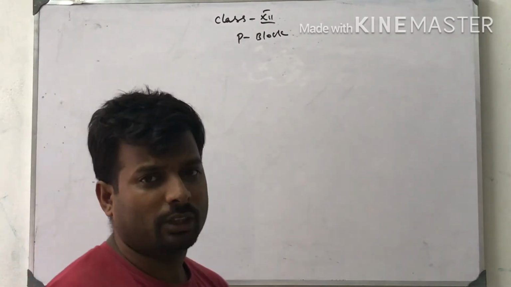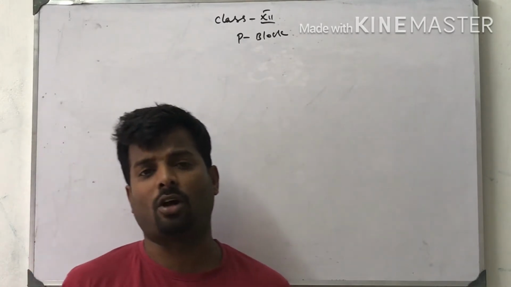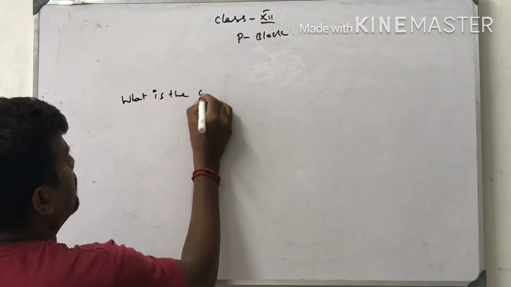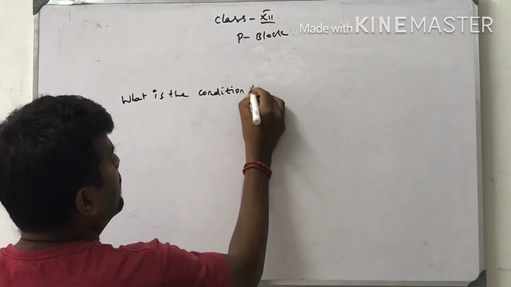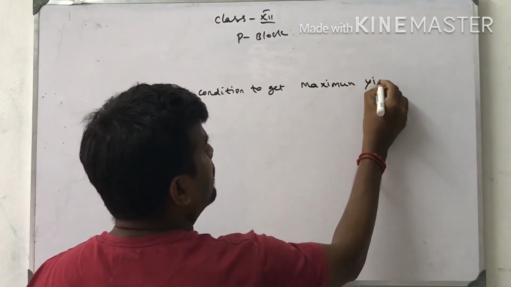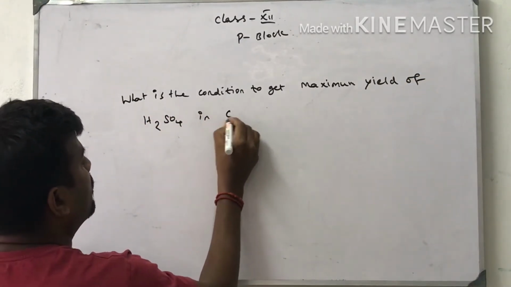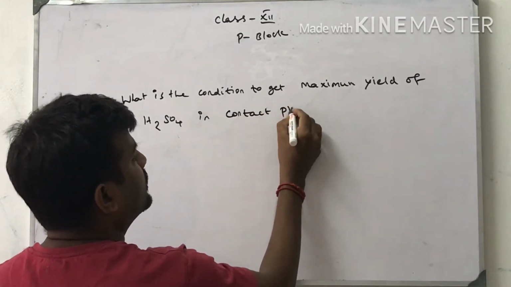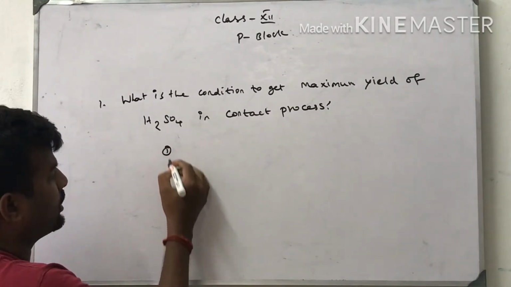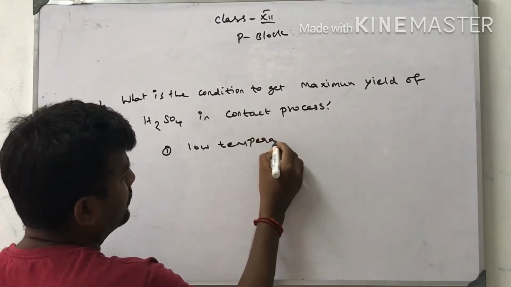The question is: what is the condition to get maximum yield of sulfuric acid in the contact process? The answer, we already discussed in the theory part: low temperature and high pressure.